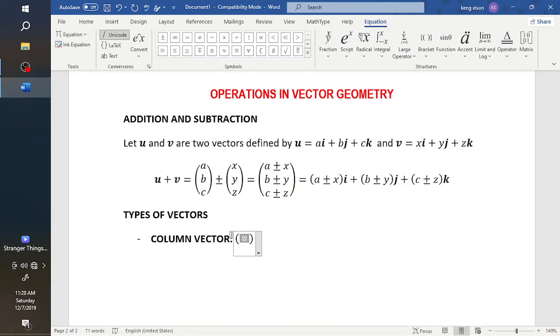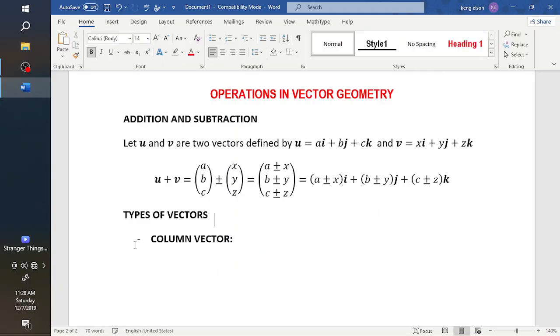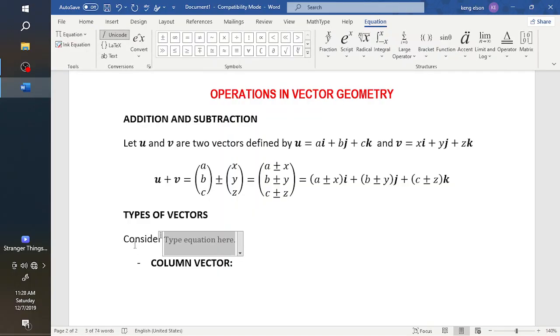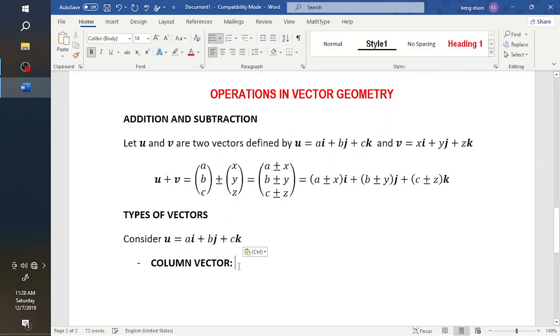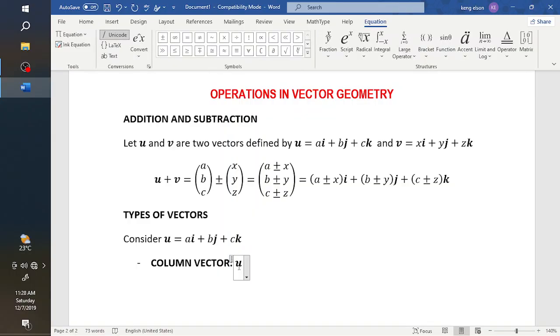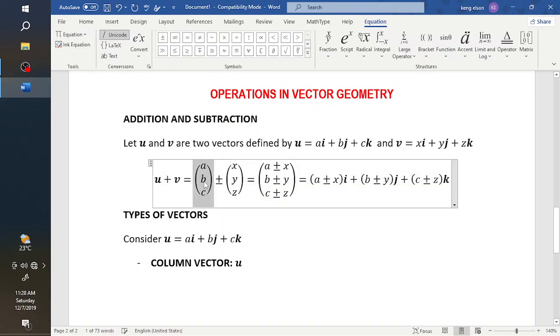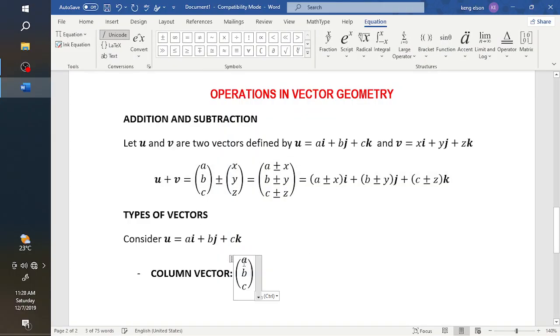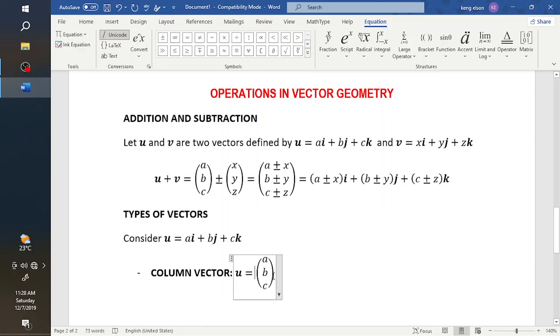Generally, if we consider this vector u, let us write it in column form. So the vector u in column form is just equal to a, b, c. There is just a single column with many rows. So this is a column vector.